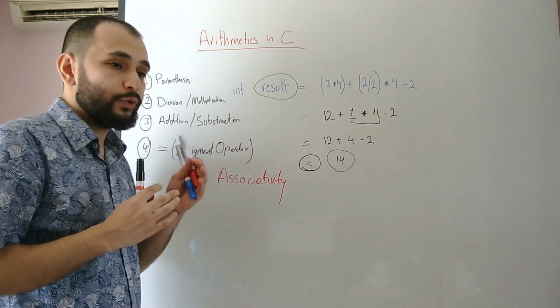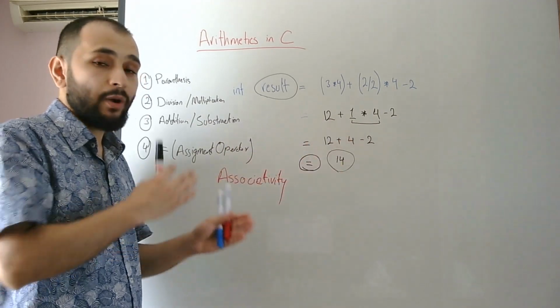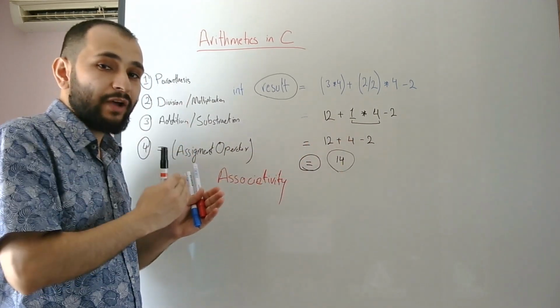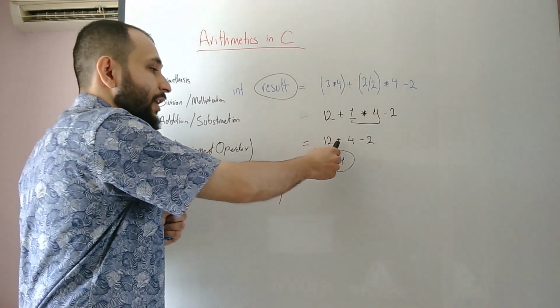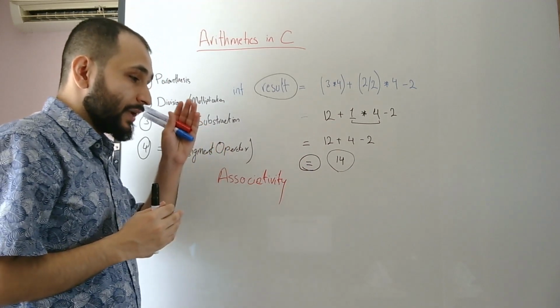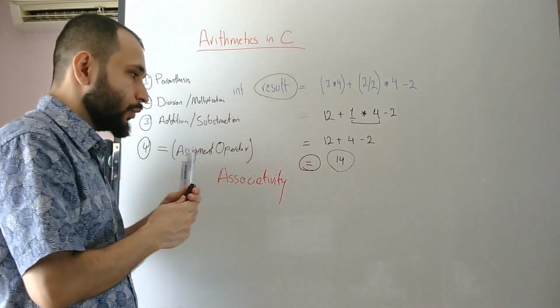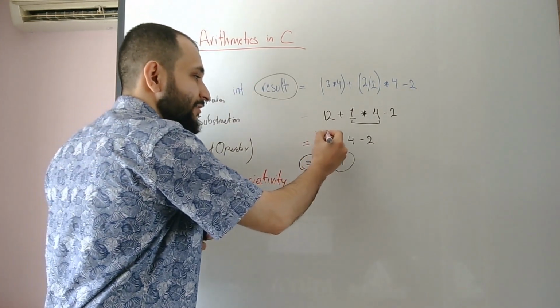Associativity means how to evaluate those operators that have the same level, from which direction to which direction. So associativity for addition and subtraction goes from left to right. So we would always evaluate this expression from left to right.